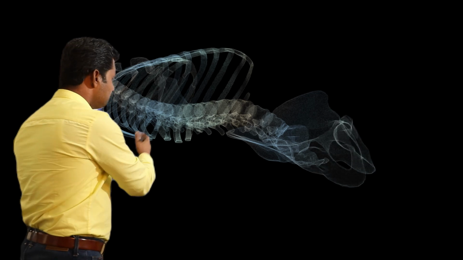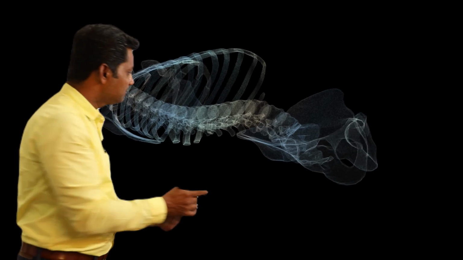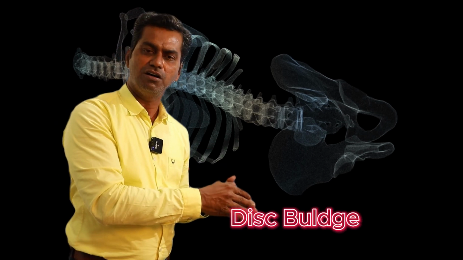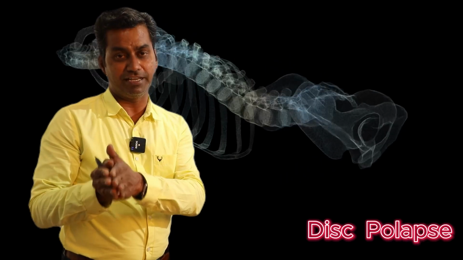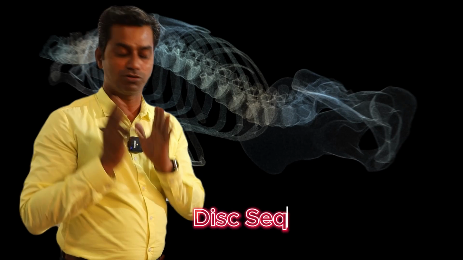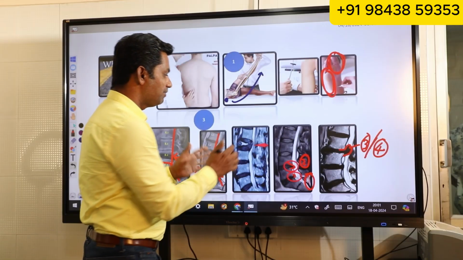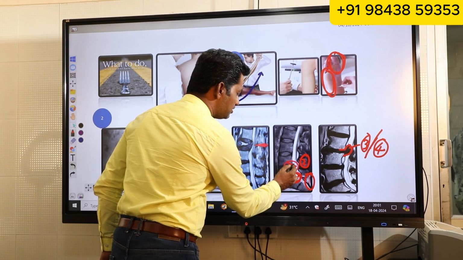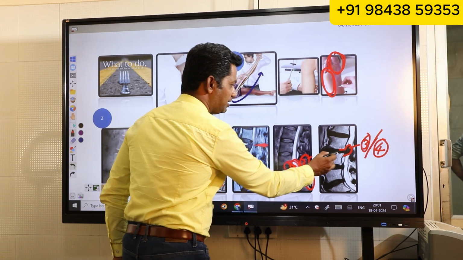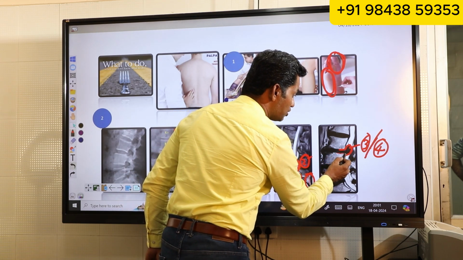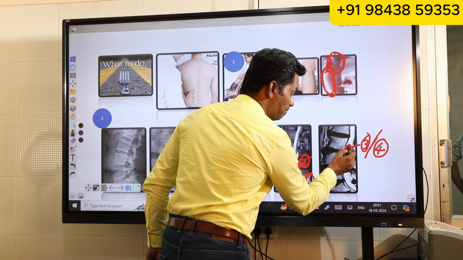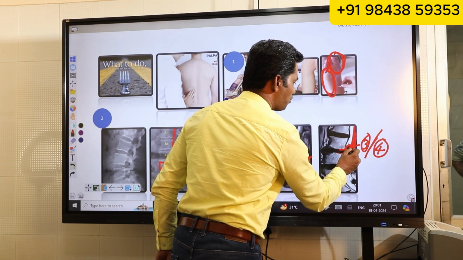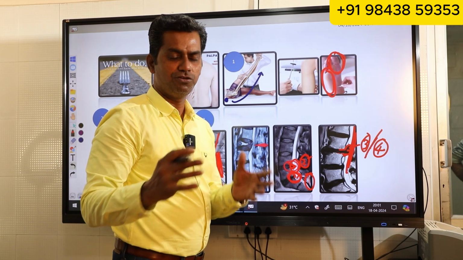We will again confirm with MRI whether the disc is, as we discussed, stage 1 with bulge, stage 2 prolapse, stage 3 extrusion, or stage 4 sequestration. So in that we will finalize it. See, here there is stage 1, here it is more bulge, it is prolapse stage 2, here the disc is almost outside and is compressing the spinal cord behind the disc, which produces the leg pain and foot numbness.